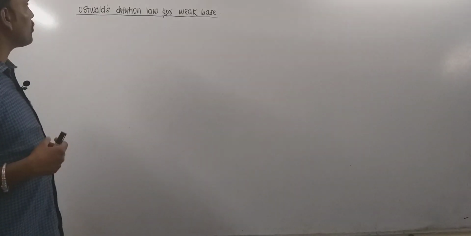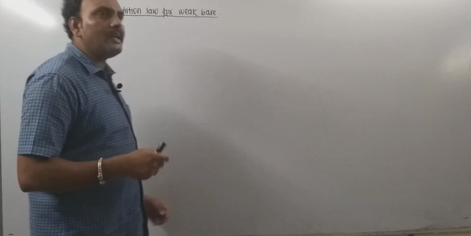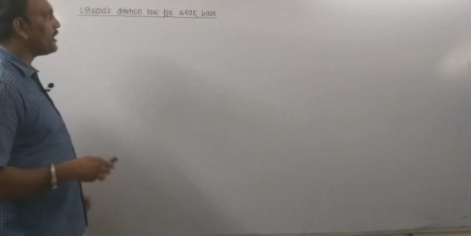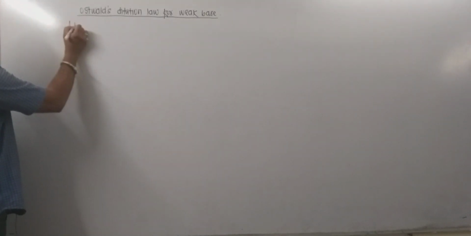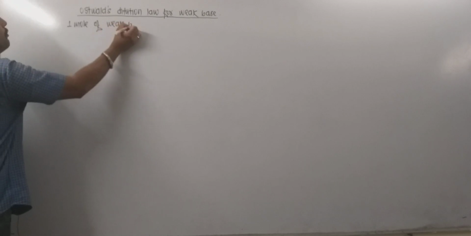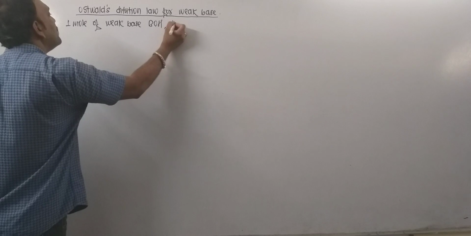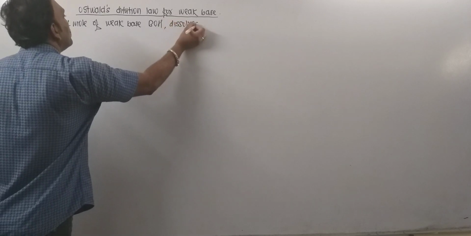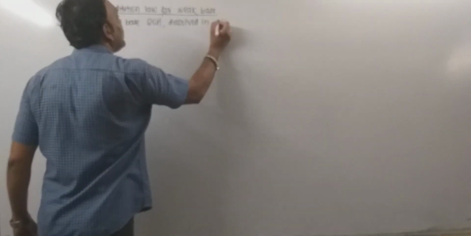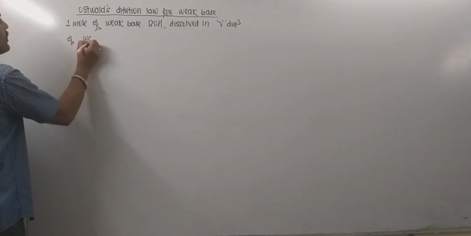Hello everyone. Today's point of discussion is Ostwald's dilution law for weak base. Now consider 1 mole of weak base BOH dissolved in V liter of water.